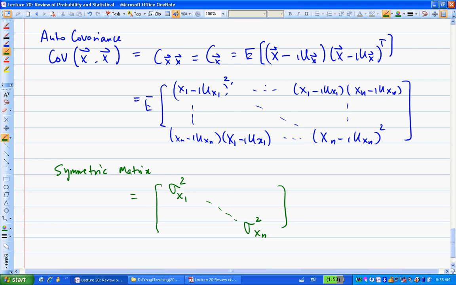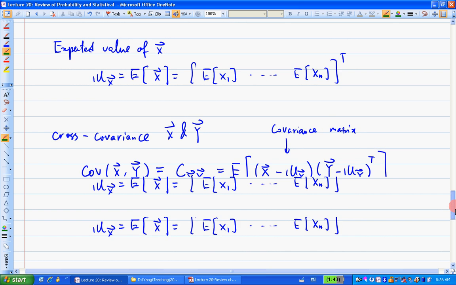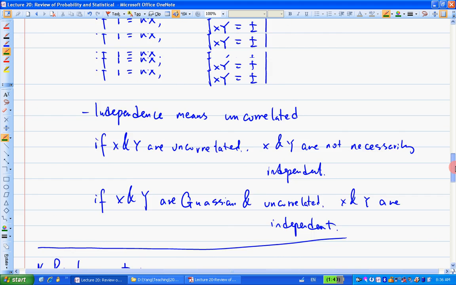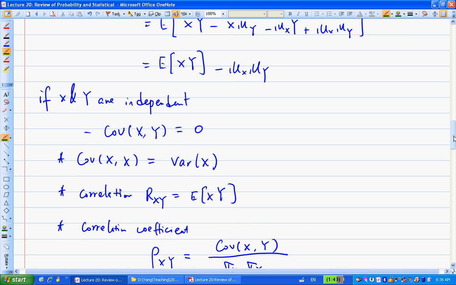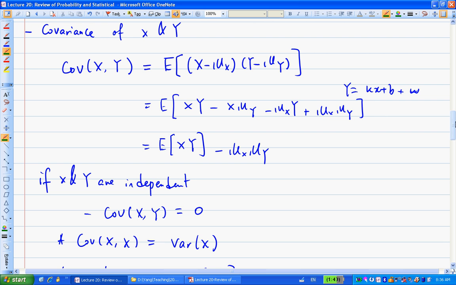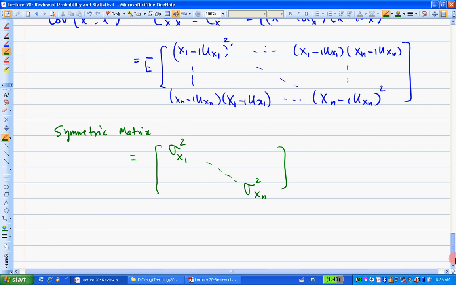The other elements are covariances. The diagonal is the single-variable variance, in terms of this kind of notation.